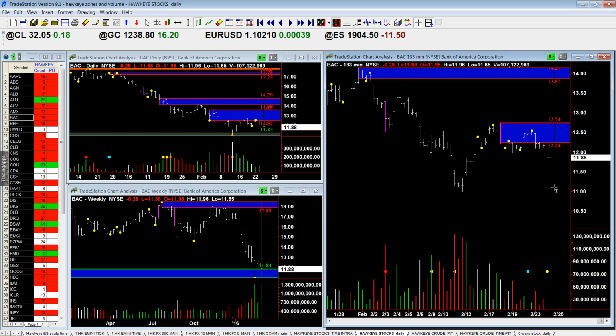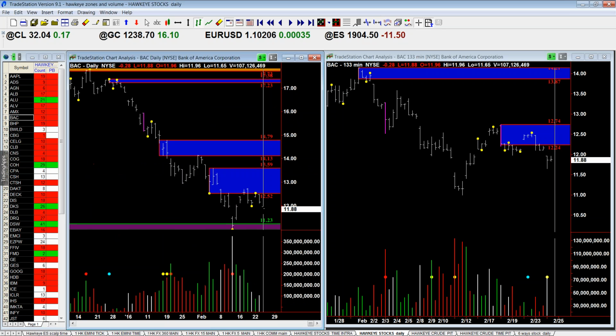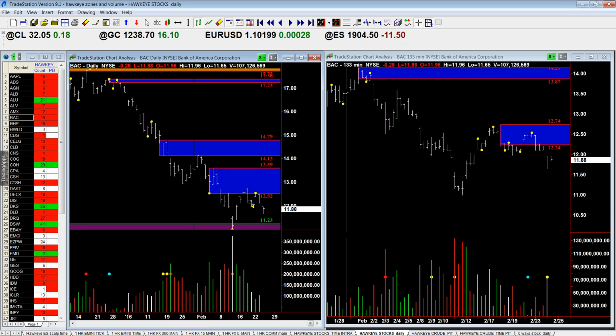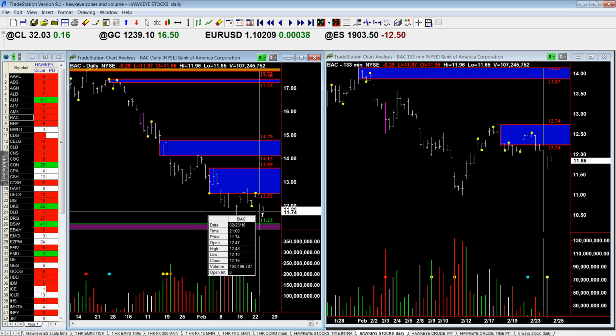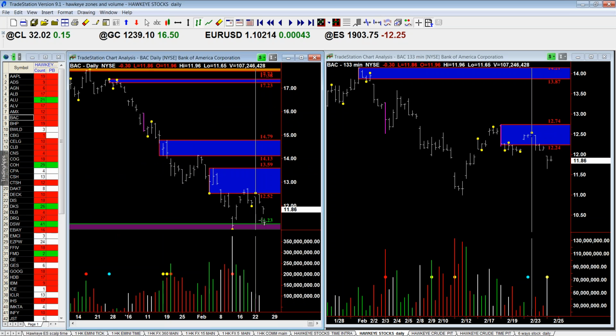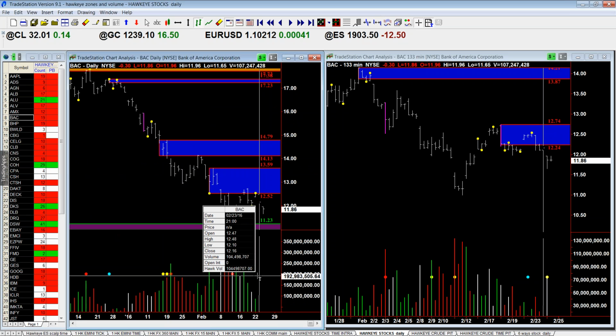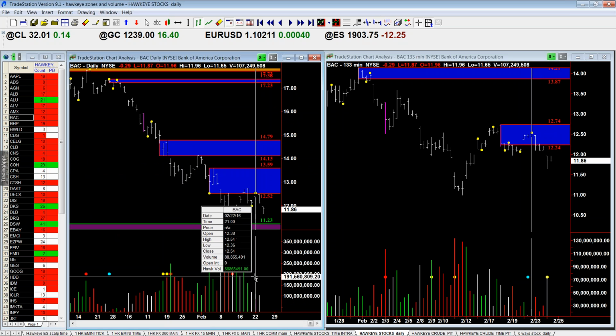You can see it over here on the daily. It came up here, put its pivot high in there, and came down. Now I'm not expecting it to do too much because there's no demand volume. Green volume was on the pivot high, but it didn't work. It pushed itself back down.